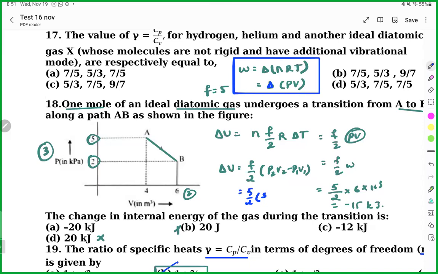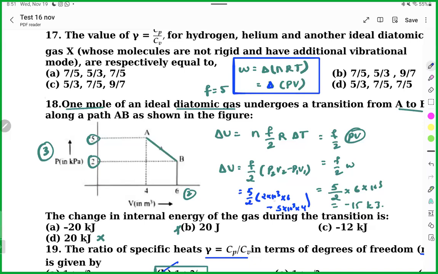No, no, no. The P2 value will be the final pressure, 2 into 10 raised to power 3. And the V2 value, final, 6. So this is 12. What is the P1 value? 5. What is the V1 value? 4. Correct? Minus 20.